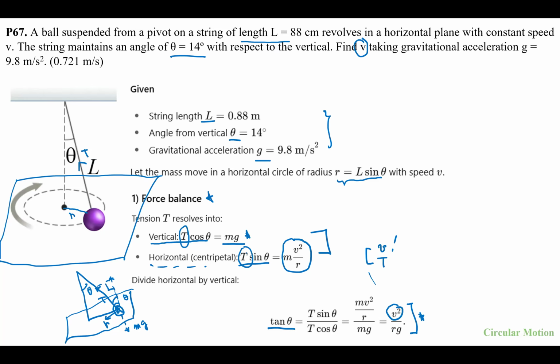One good thing about these two equations is that you eliminate T, and you are left with only one unknown, V. That's the way to bring two equations into one equation with one unknown. V squared is nothing but R g tangent theta.